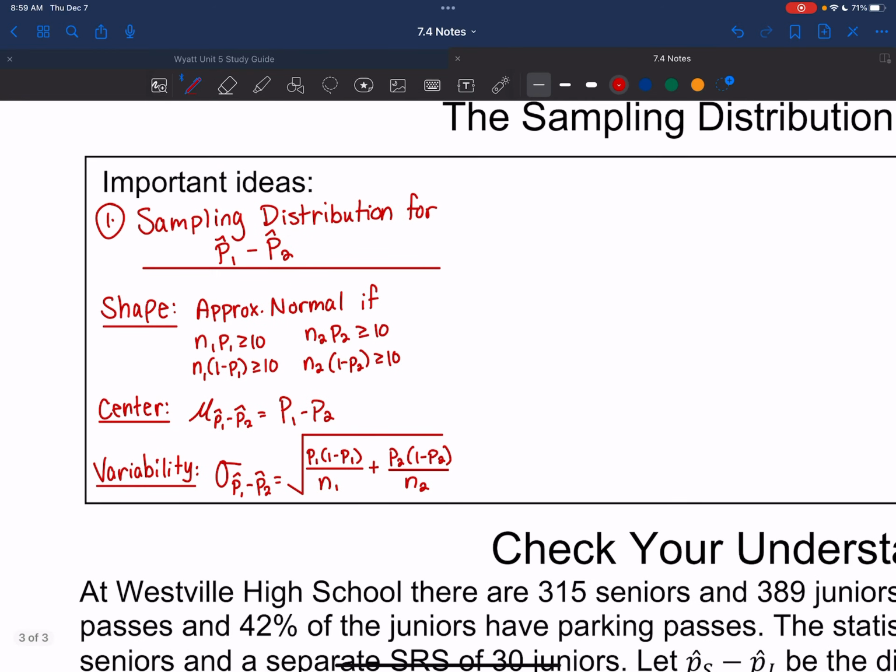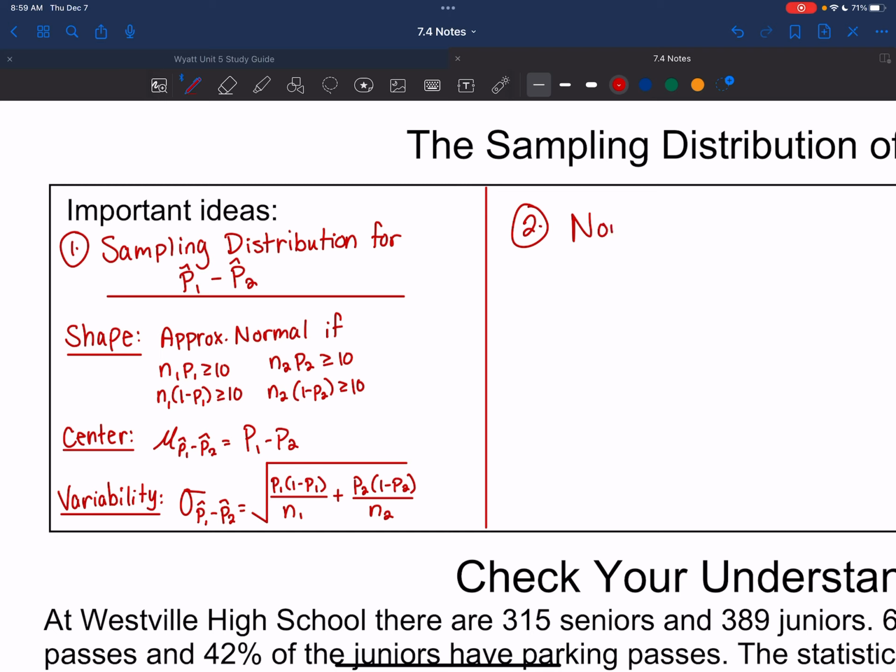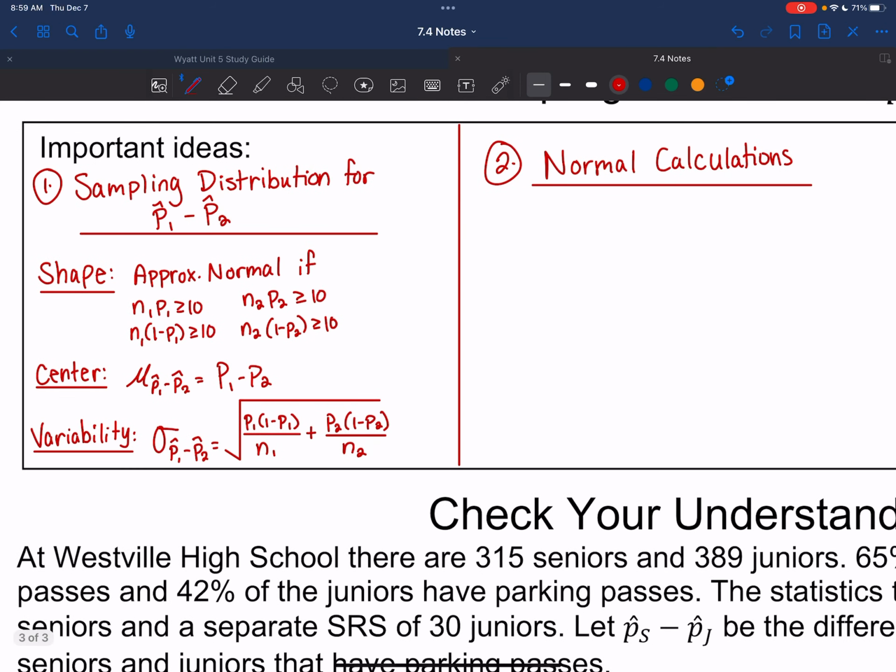Okay, and the other learning target for today, number 2, normal calculations. So if you are able to prove that the shape for the difference is approximately normal, then we assume that it's going to be approximately normal.